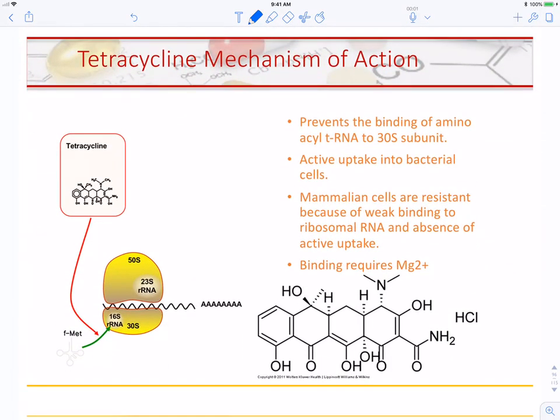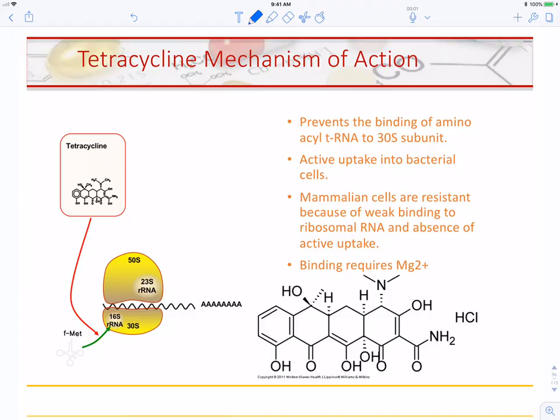All right, so let's look at another class of antibiotics you're probably very familiar with, and those are tetracyclines. Tetracyclines prevent the binding of the tRNA, which has already been modified with an amino acid, to the 30S subunit, and they are taken up by the bacterial cells by active uptake.